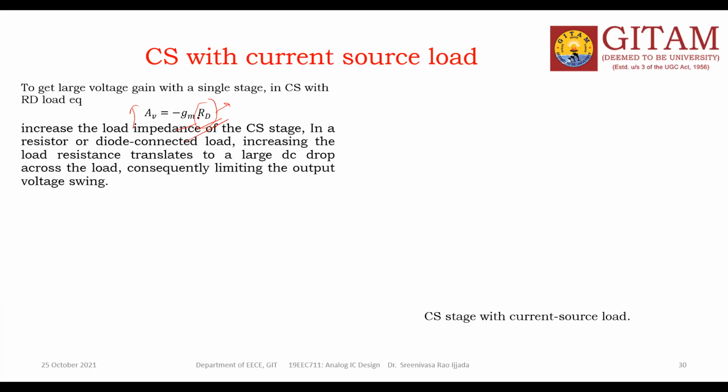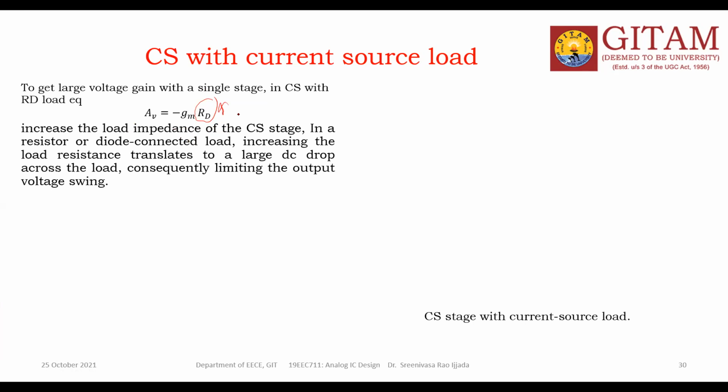Increasing the load impedance of CS stages with a resistor or diode connected load means increasing the load resistance, which translates to a large DC drop across the load. Consequently, it limits the output voltage. So in both the cases, if you want to increase the gain, we have seen this parameter, RD. If RD increases, what is the problem?